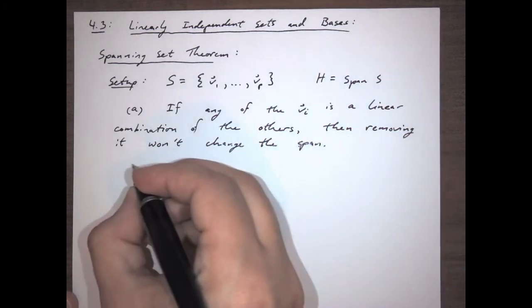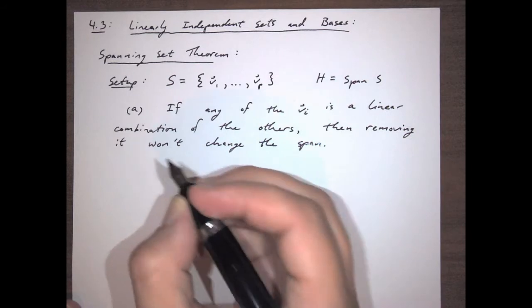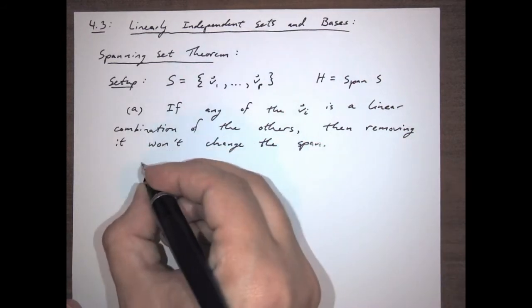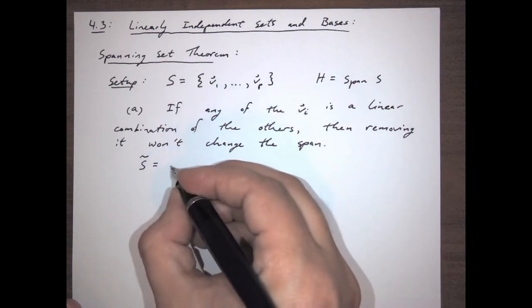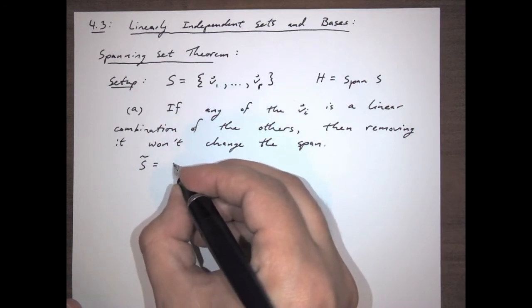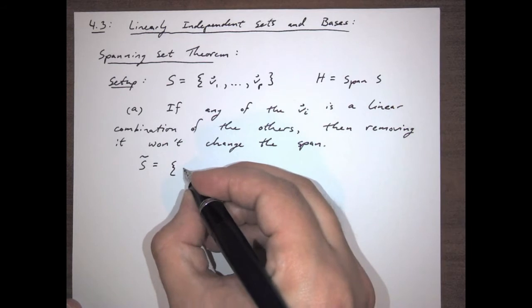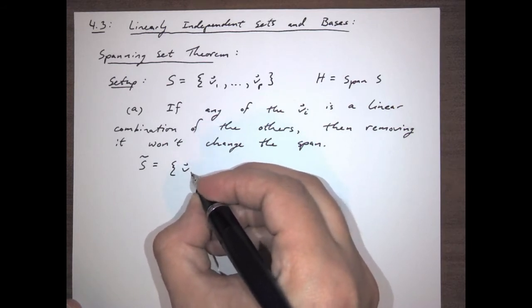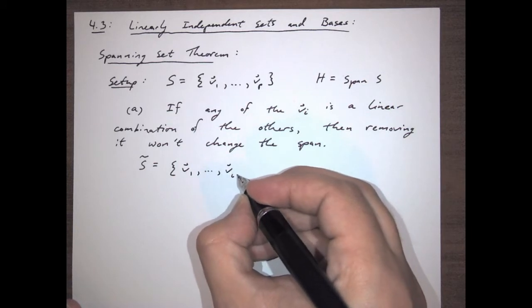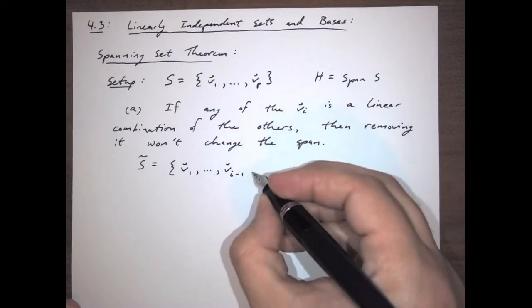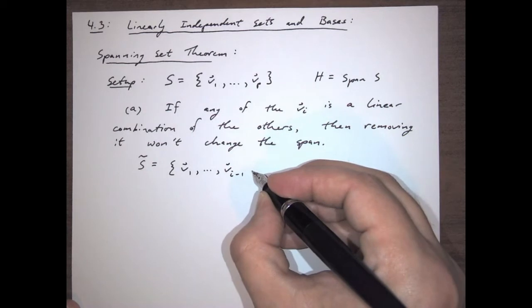So in particular, if I want to put that into the notation from above, let's say that S tilde is equal to v1 up to vi minus 1. So in other words, all of them up to the offending number.